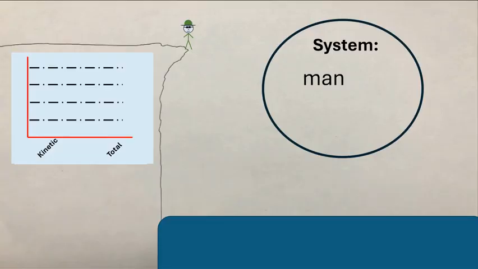All right, so there's other ways of looking at this. We could just say the system is a man. All right, and if the system is the man, then the man has kinetic energy if he moves. All right, but there's no gravitational energy here because the Earth is not part of our system, so we don't care how far he is from the Earth. And if we look at it this way, he starts off with no energy because he's not moving at the top.